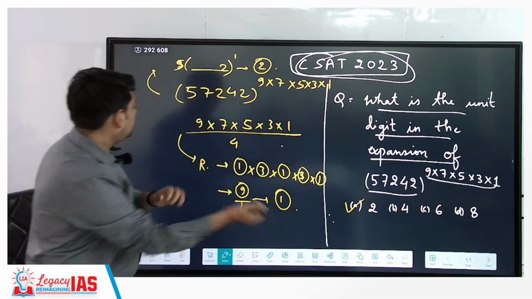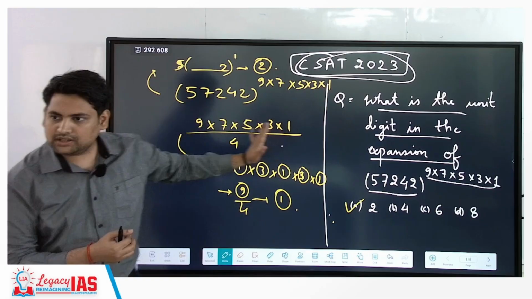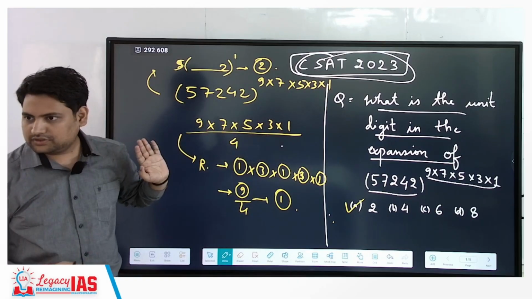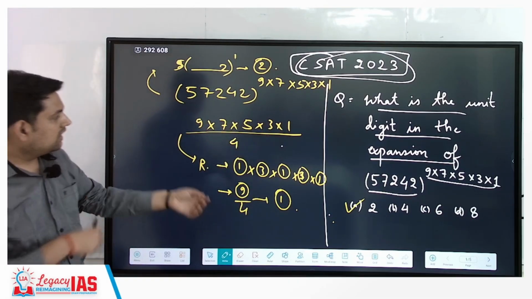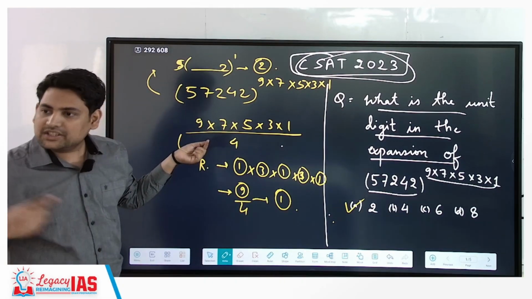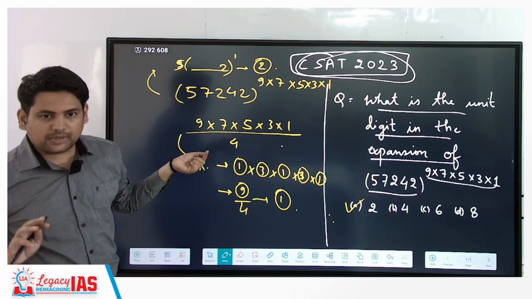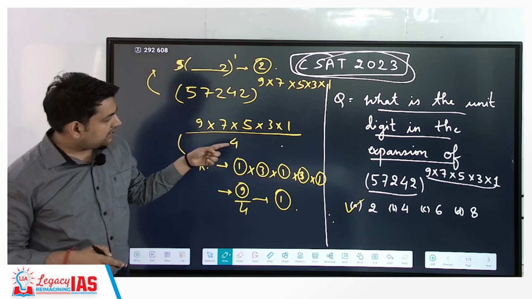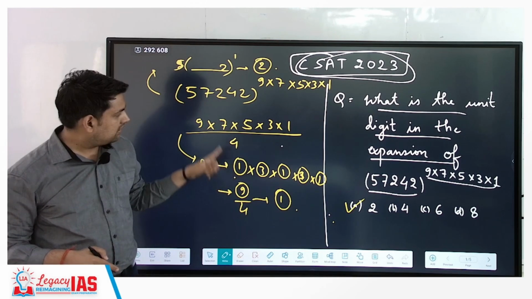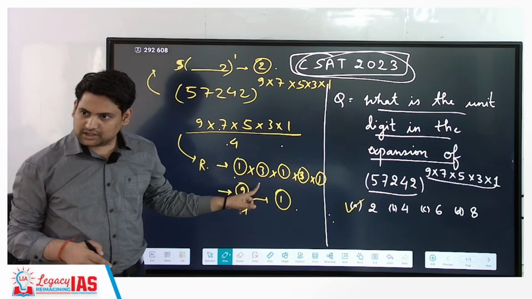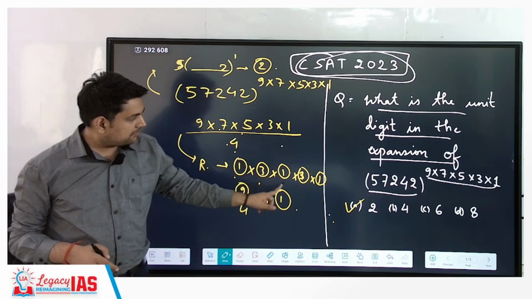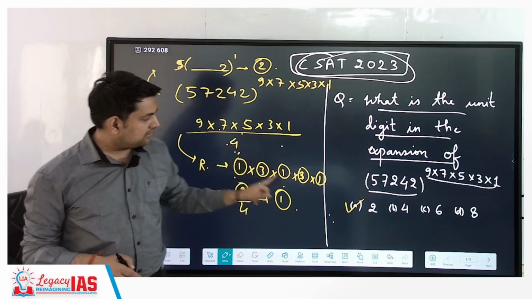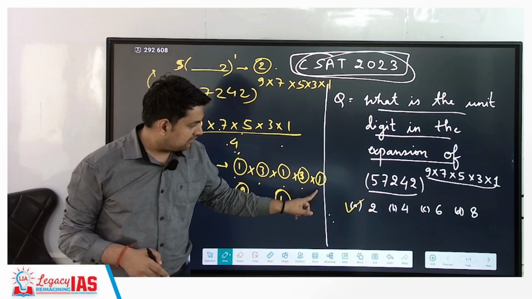Now I can distribute the remainders. So 9 divided by 4, remainder is 1. 7 divided by 4, remainder is 3. 5 divided by 4, remainder is 1. 3 divided by 4, remainder is 3. 1 divided by 4 is 1.